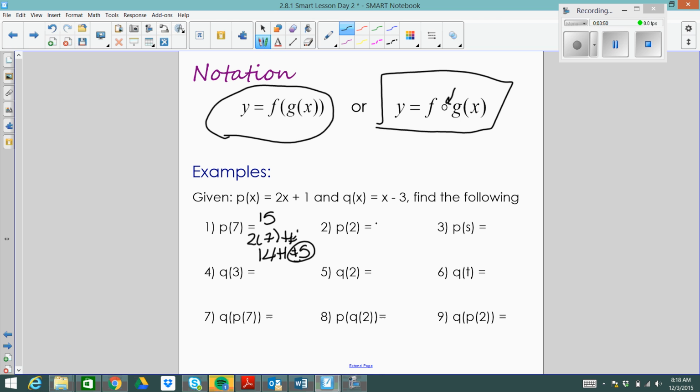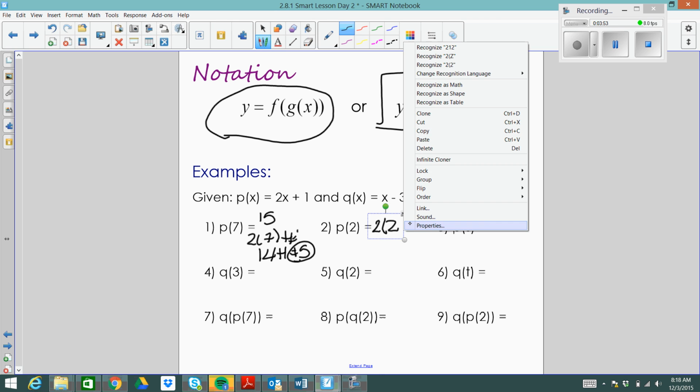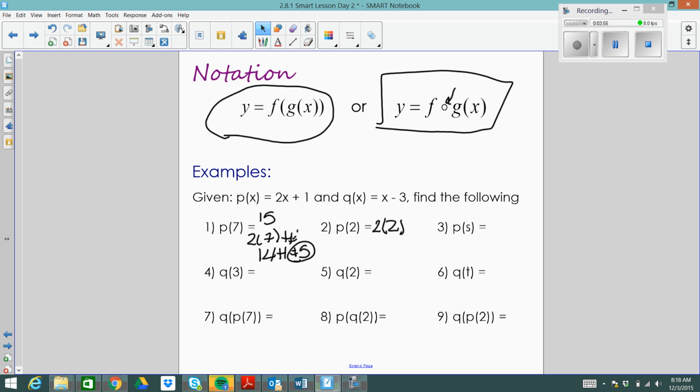P of 2 is going to give me 2 times 2 plus 1, which will give me 4 plus 1, which will give me 5. And p of s means I'm substituting s into the p of x function, so that will give me 2s plus 1. Variable, not like terms, can't combine.